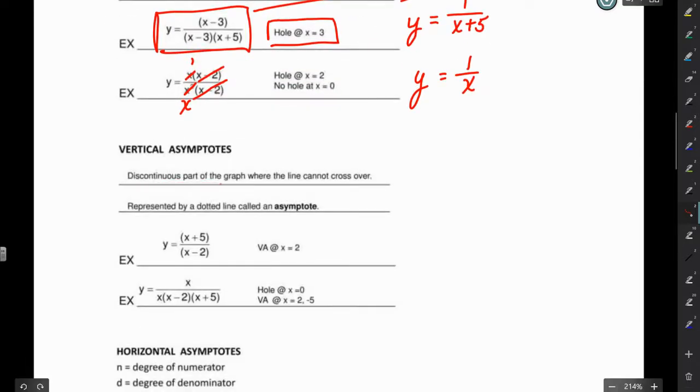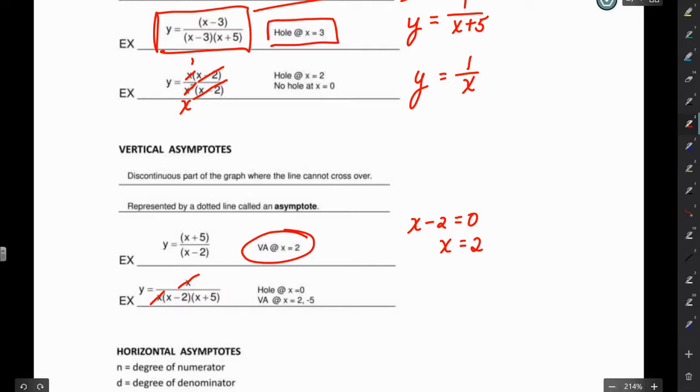A vertical asymptote is a discontinuous part of the graph where the line cannot cross over, and we represent that usually by a dashed or dotted line. If you look at this first example, a vertical asymptote will occur at the zeros of the denominator. So if I set x minus 2 equal to 0 and solve for x, I know that I have a vertical asymptote at x equals 2. Now looking at the second one, you can see that I'm able to cancel the x's.